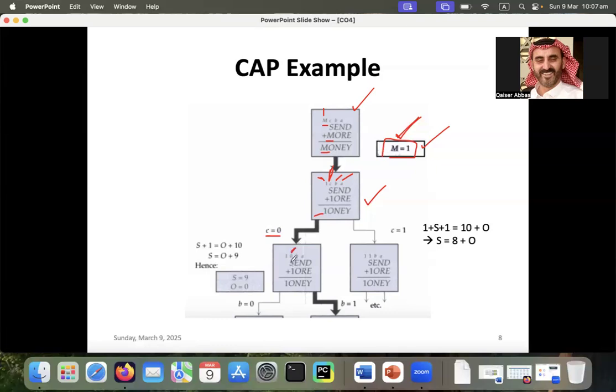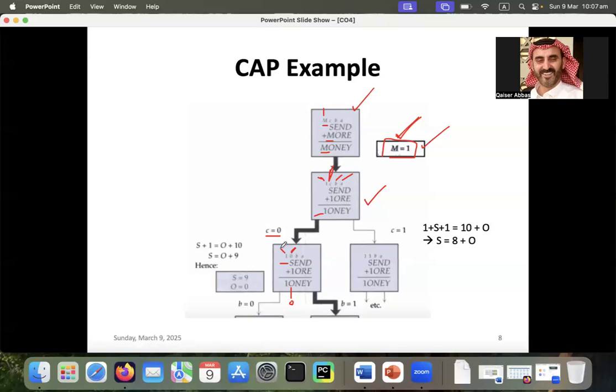Now think over it. If I take S as 9, then 9 plus 0 plus this 1 becomes 10. And when it becomes 10, this O will be 0, and 1 is the carry which goes next. Now everything is satisfying.